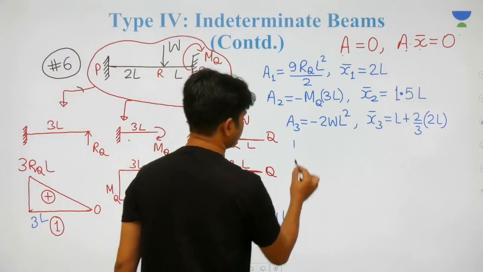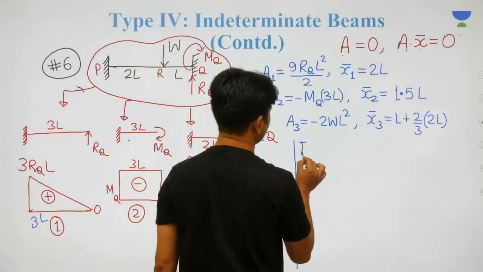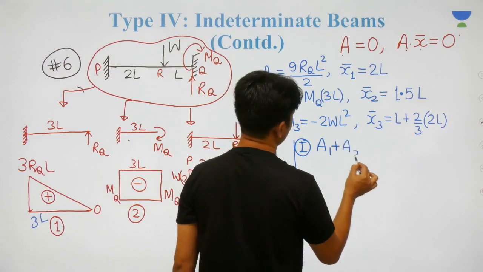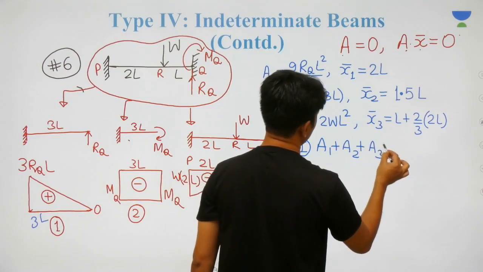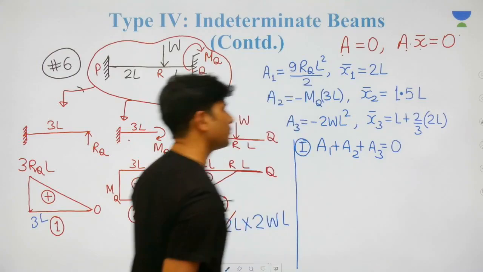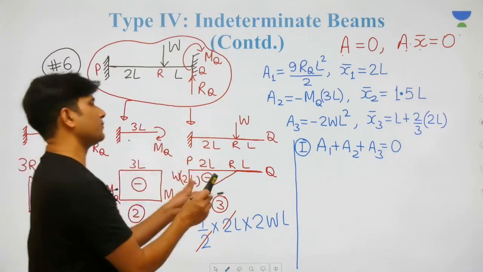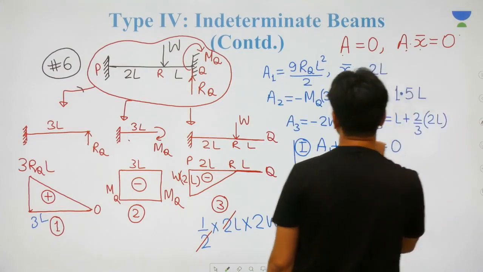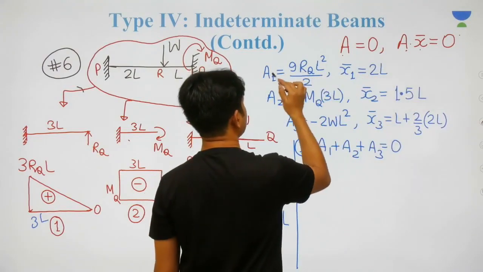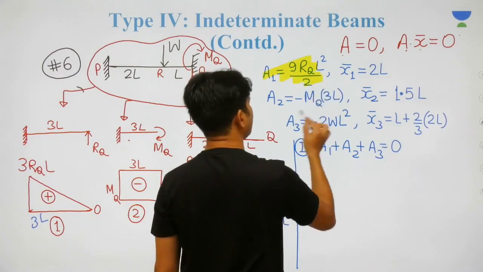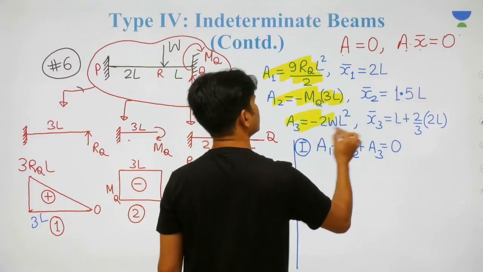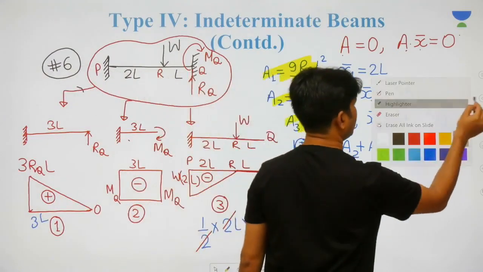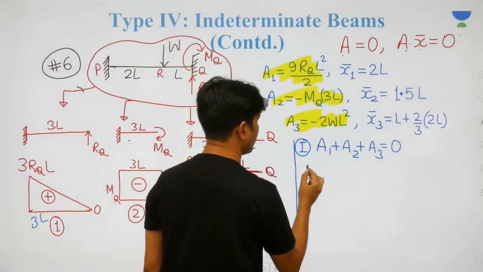Let us use the first condition. What is the first condition? The first condition is that the total area under the bending moment diagram must be equal to 0 in case of a fixed beam. Now what is the total area? Total area is this one, this one and this one. Let us just sum them up and equate them to 0.